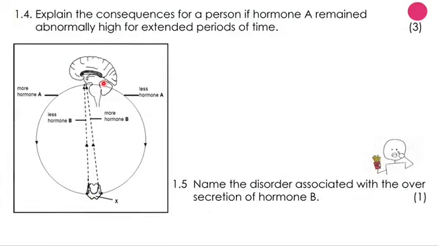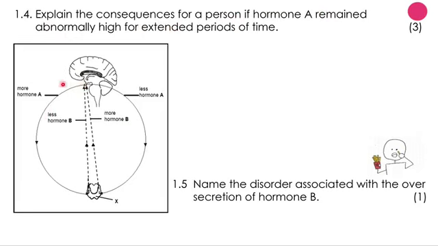Okay, last question from my side. Explain the consequences. So you see the word explain, so there's a cause and an effect. What would happen if hormone A remained abnormally high for very long periods of time? So hormone A, you first need to identify it.